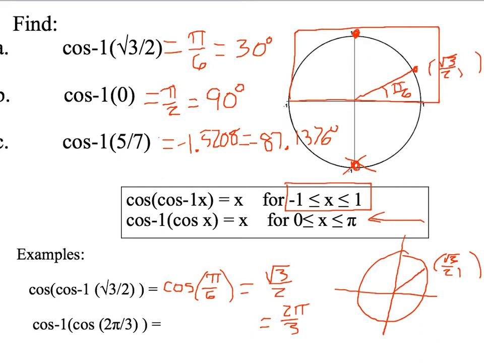And if you want, you could check that intermediate step, because the cosine of 2 pi over 3 is negative 1/2. And the inverse cosine of negative 1/2 is 2 pi over 3. And so input equaled output because our input was within the acceptable range of values.